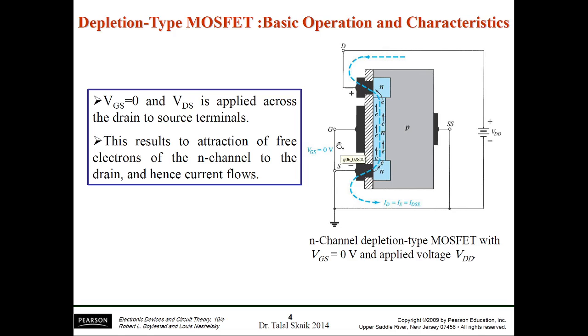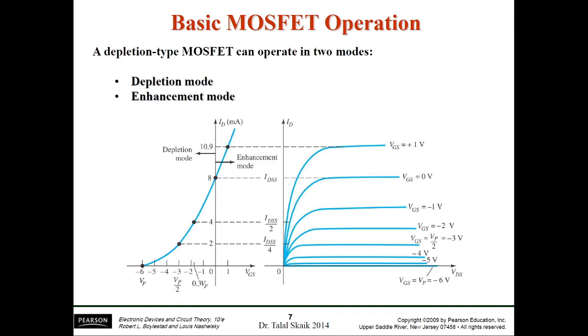So how to remember? In the P channel, if you are applying a positive voltage, the device will get off, and if you are applying a negative voltage, the device will get on. In the N channel, if you are applying a negative voltage, your device will get off, and if you are applying a positive voltage, your device will get on. Like this, you can remember the things.